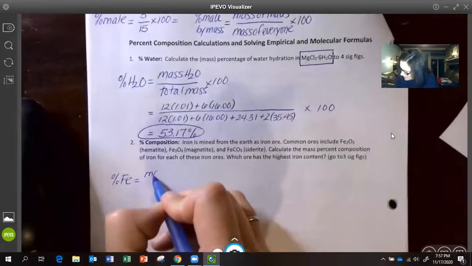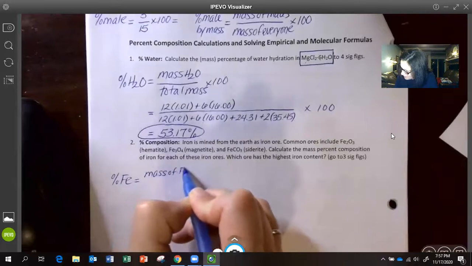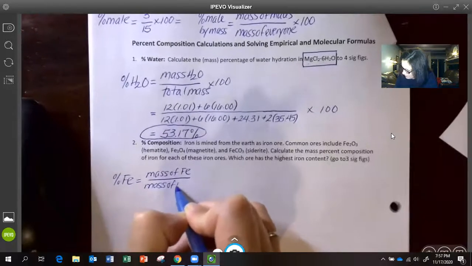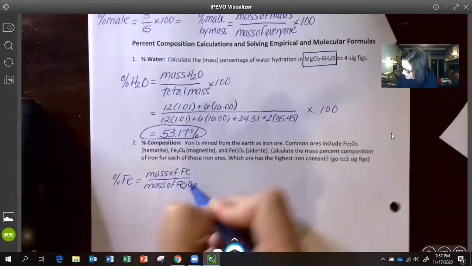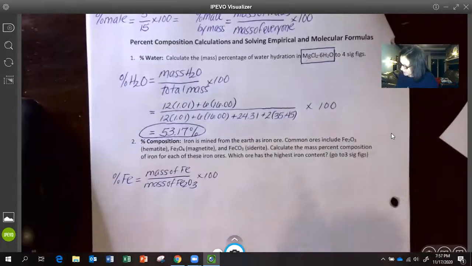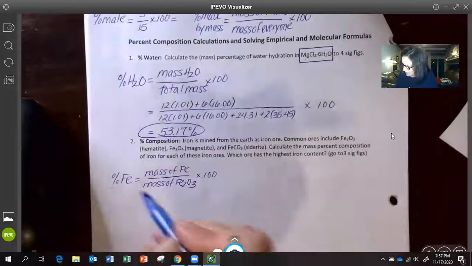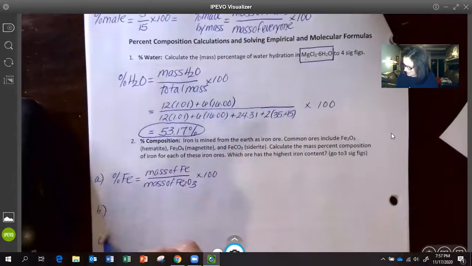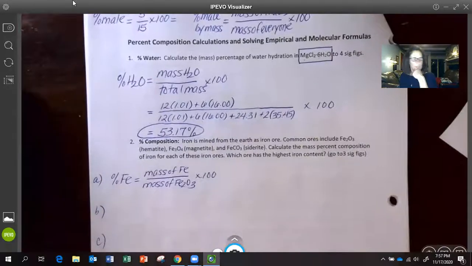So that would be the mass of Fe over the mass of Fe2O3 times 100. And you would do that for each of the ores listed here. Okay, so you would do that 3 times. So A, B, and C, and then you would compare them to each other.